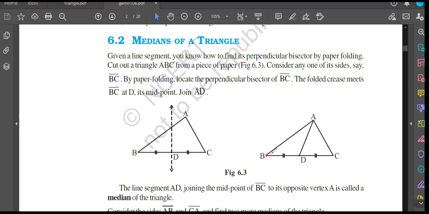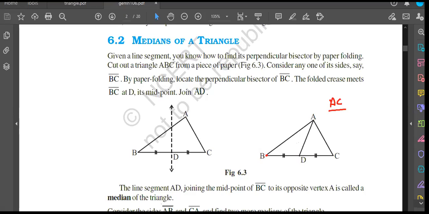Tell me, Manita. The side is AC. B is your vertex, AC is your side. It's not A or C, it's AC.